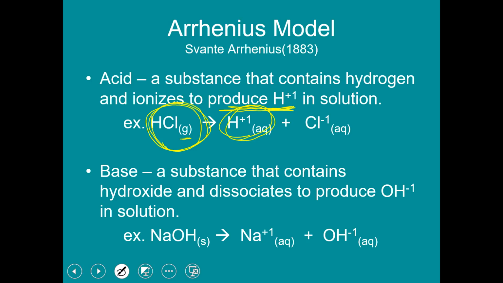Because as a gas, this hydrogen is bonded to the chlorine and it's not going to behave like an acid. But as soon as it dissolves in water and the hydrogen ion is released and becomes H plus 1 instead of being bound up to the chlorine, then it's going to act like an acid.